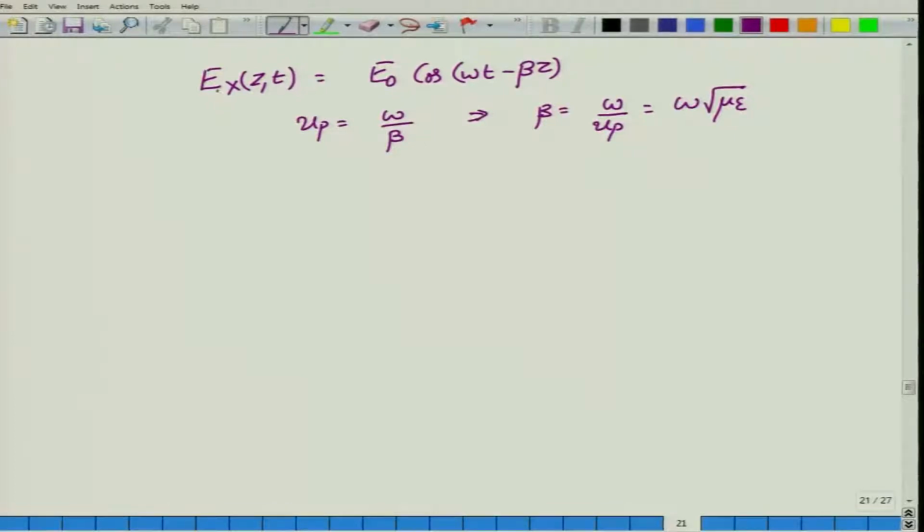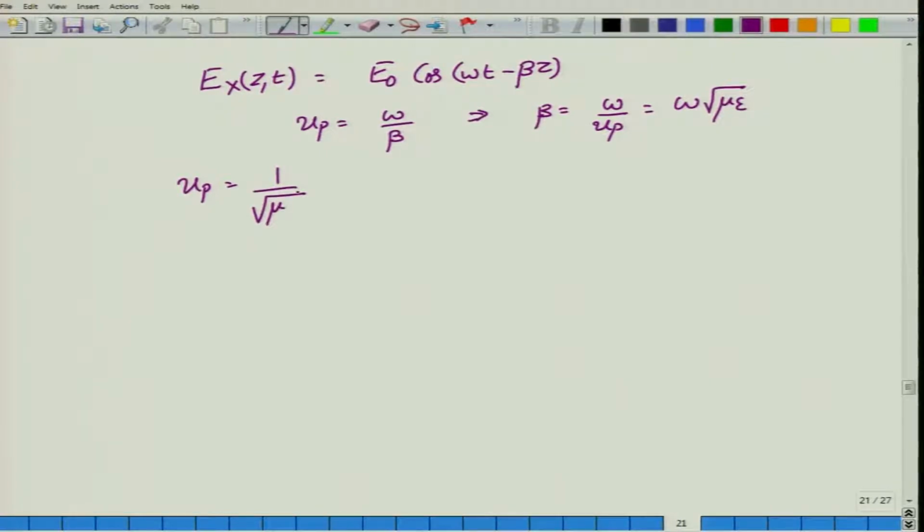The corresponding expression is given by this Ex of z,t, where up, the phase velocity, is given by omega by beta, and we know that beta is equal to omega by up. I am just inverting this relationship a little bit. For a medium with constants mu and epsilon, beta was equal to omega into square root of mu epsilon, and the phase velocity up is 1 by square root mu epsilon.